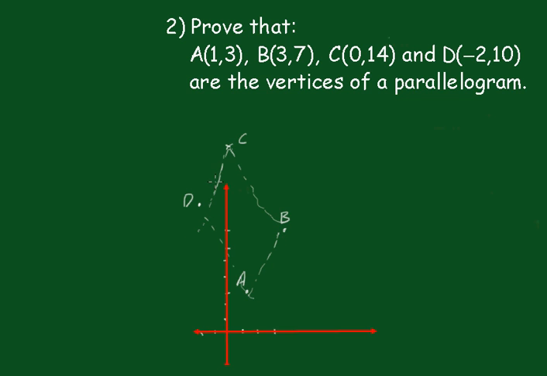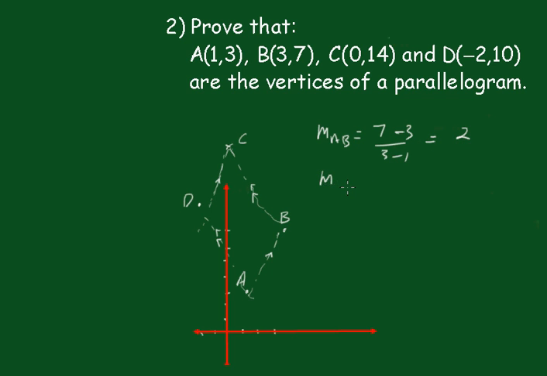So clearly we've got to try and prove that one is parallel to that one, and that one is parallel to that one. So let's look at the gradients. First of all, look at the gradient of AB. The gradient of AB is going to be difference in the y value, so it's going to be 7 minus 3 over 3 minus 1, which just gives me 2.